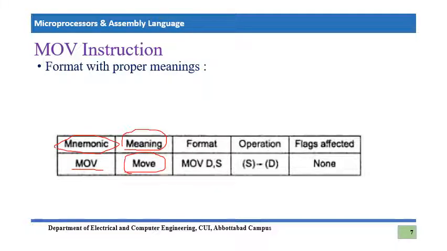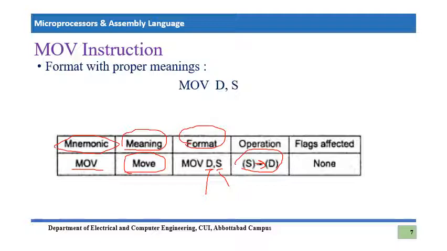Move means transferring something from one place to another, and the actual format we write in assembly language programming is MOV D, S. We have already explained that D is the destination and S is the source operand, and the flow of direction is from source towards destination. So every time you write something in the source operand, that information gets copied and pasted into the destination operand.